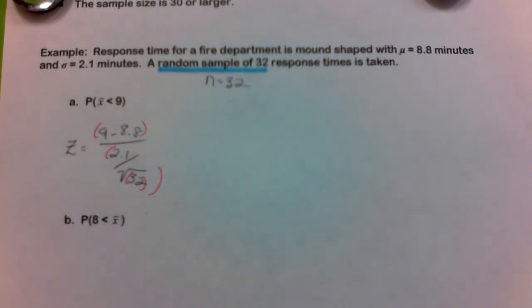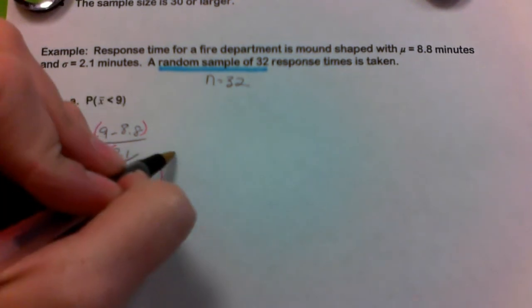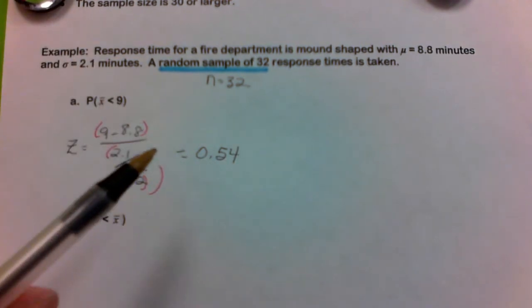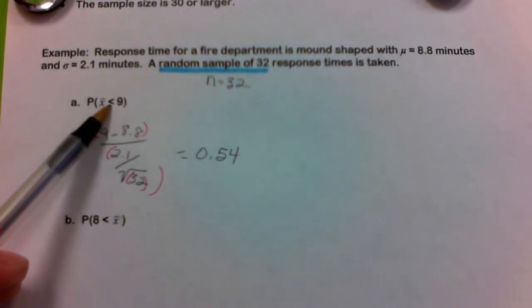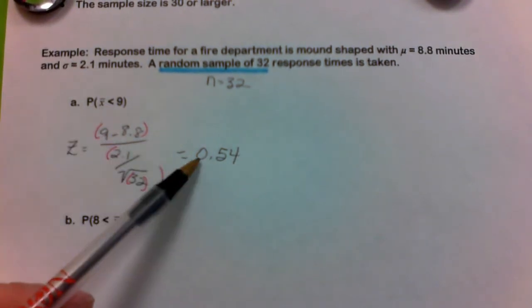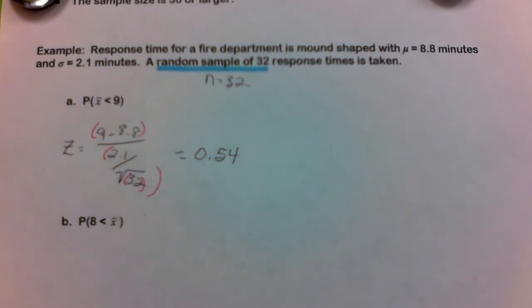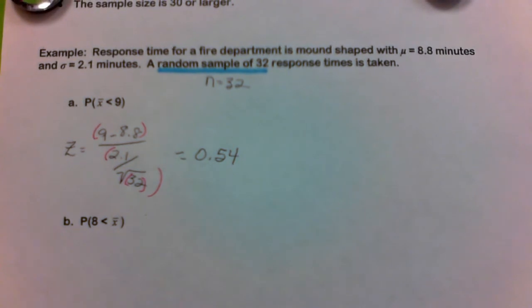And when you calculate that, you should calculate that to be 0.54. Now, this is a less than statement, okay? So that means I just go to 0.54 on the table and use that number. So I'm looking for 0.54 on the table, and when I do, I find 0.7054.